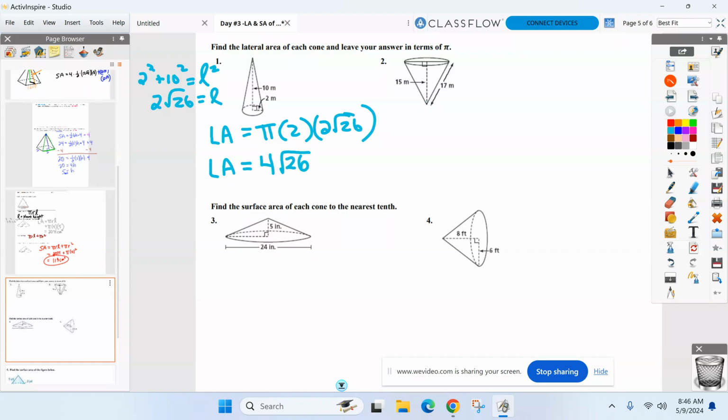Look very carefully. Is that pi underneath the radical? No, so please don't put it there. If you leave it radical 26 pi, that's a problem. So you can put the pi on the outside. Me personally, I like to put the pi with the 4. That's just my OCD. I don't care if it's at the end. Just don't put it under the radical.